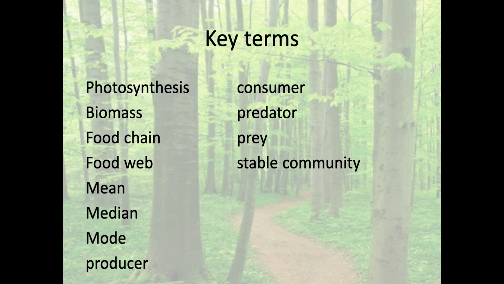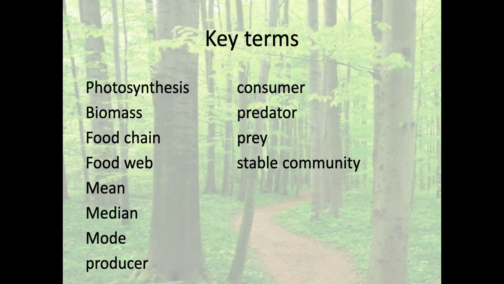Your median, well, if you were to write all of your numbers in order of size, the median would be the middle one. And the mode, that's the one that happens most often, the one that comes up most often. The producer, we've defined. Consumer, well, you've got primary, secondary, tertiary and quaternary consumers, predator and prey, stable community.